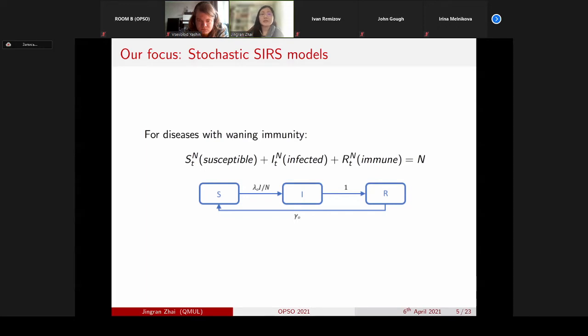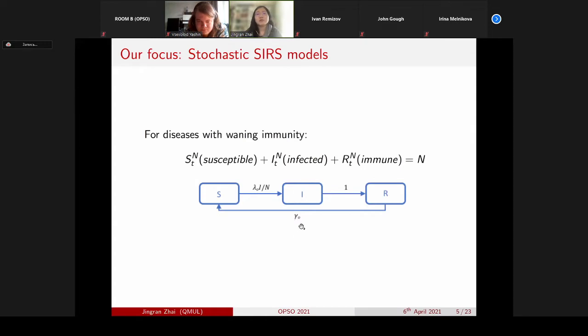So compared to the SIS model, the transition from compartment S to I is the same, but we add a third compartment R, which consists of individuals with immunity. And when an infected person recovers, they move to compartment R, and each individual in compartment R loses immunity independently at rate gamma 0 and becomes susceptible again.